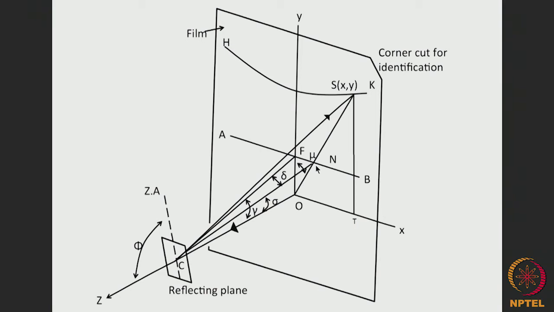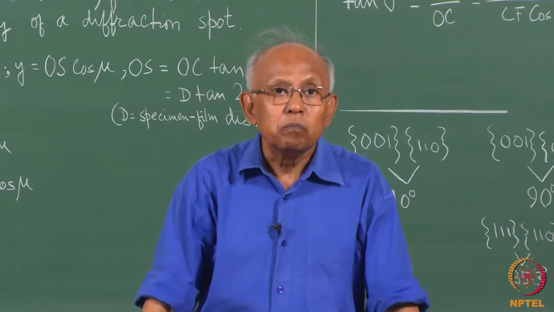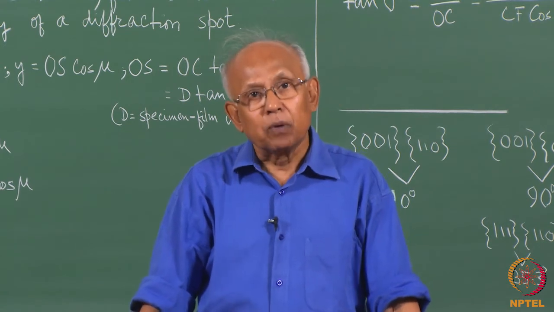the locations of all the plane normals on this line, and because plane normals are nothing but poles, this can be converted into a series of poles on a stereographic projection.